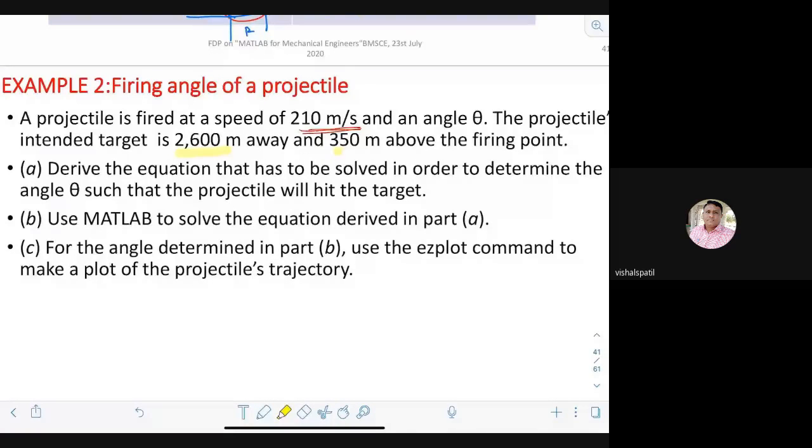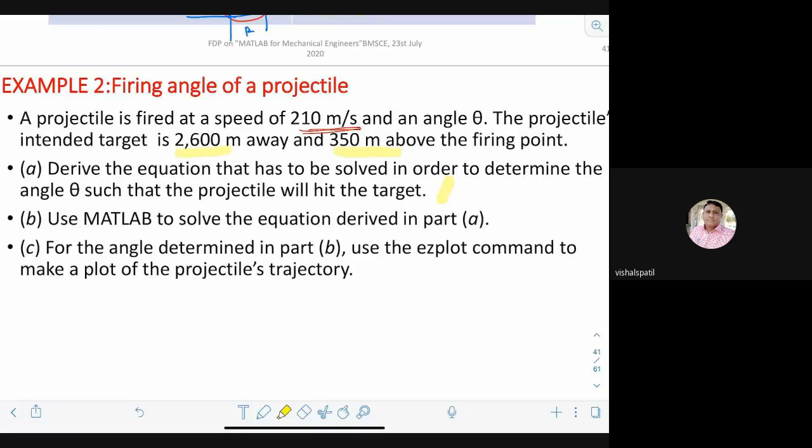Now, if you want to find out the path of the projectile and the angle at which it has to be fired with this particular input velocity, and you want to trace the path of the projectile, first of all, I should derive from fundamentals of engineering mechanics the equation that has to be solved, because I'm going to use this for the solve command. So derive the equation that has to be solved in order to determine the angle theta such that the projectile will hit the target. Then use MATLAB to solve the equation derived in part A.